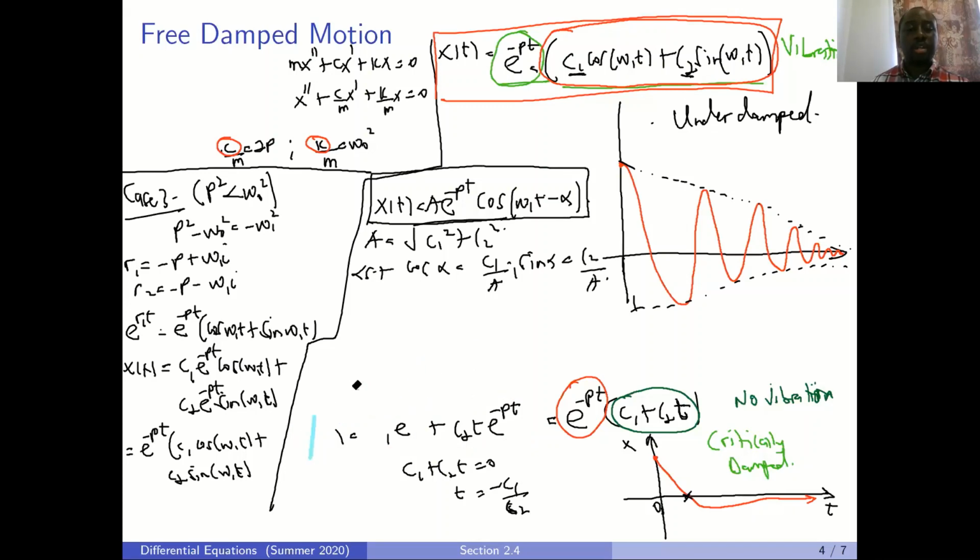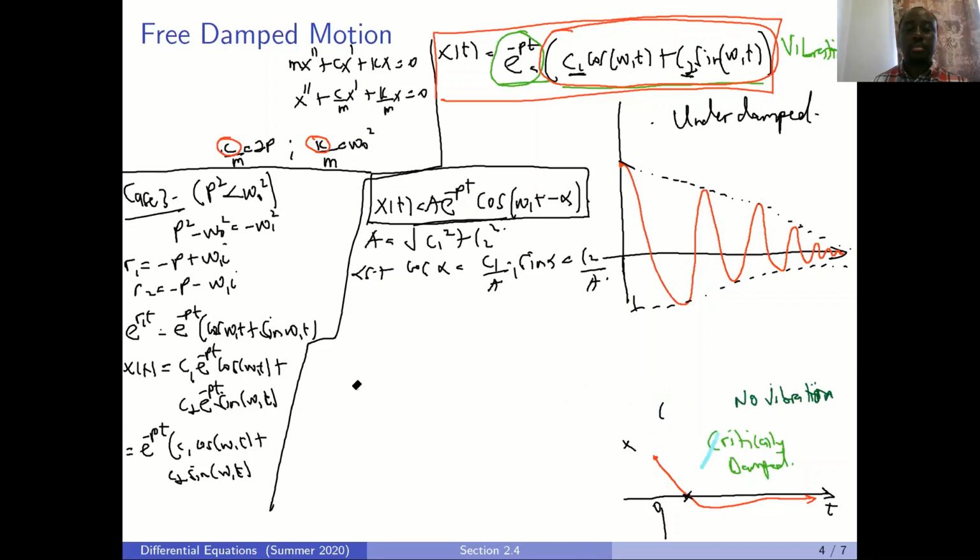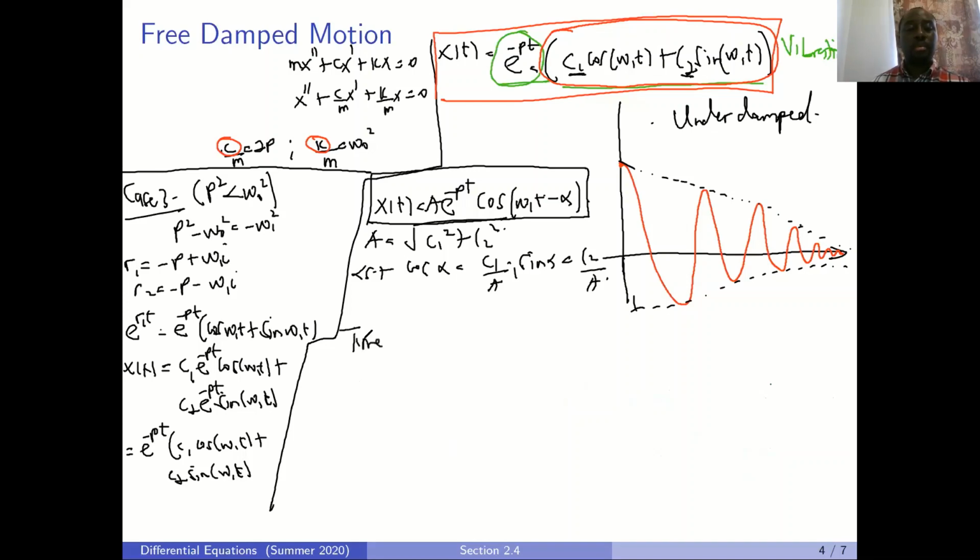And from that, we can extract what we'll call the time varying amplitude. So my time varying amplitude is A e to the minus pt.